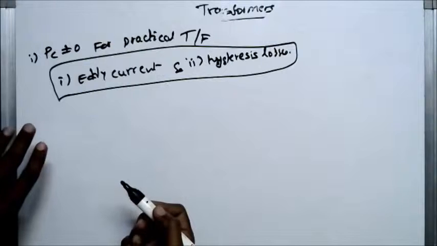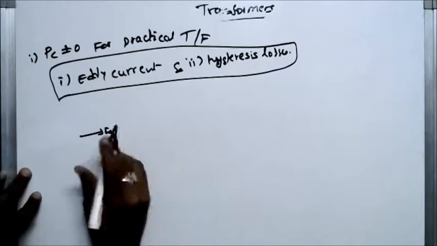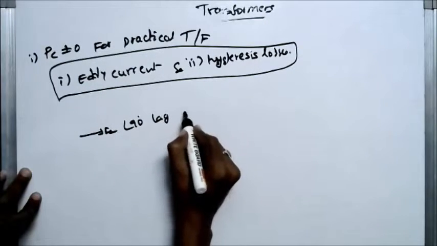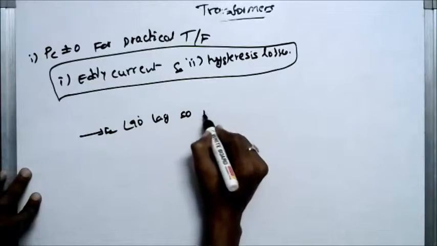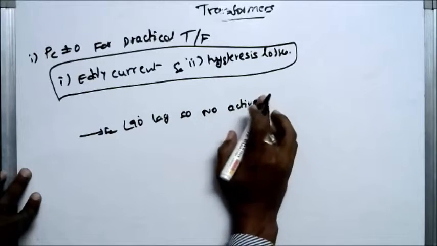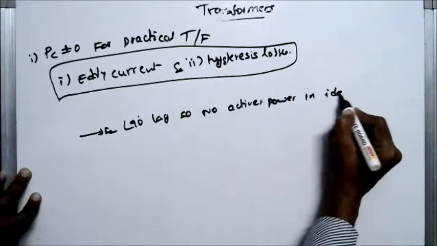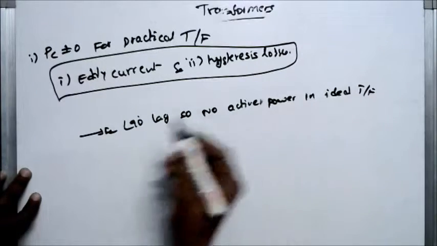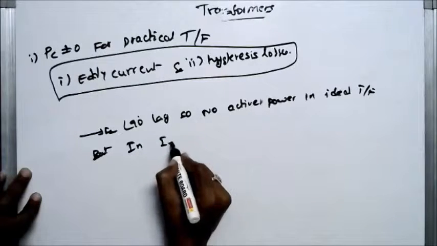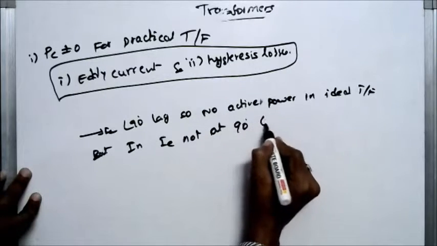So here we have assumed that IE is 90 degrees lagging. So there is no active power loss in the ideal transformer. But in practice, IE is not at 90 degrees to V1.